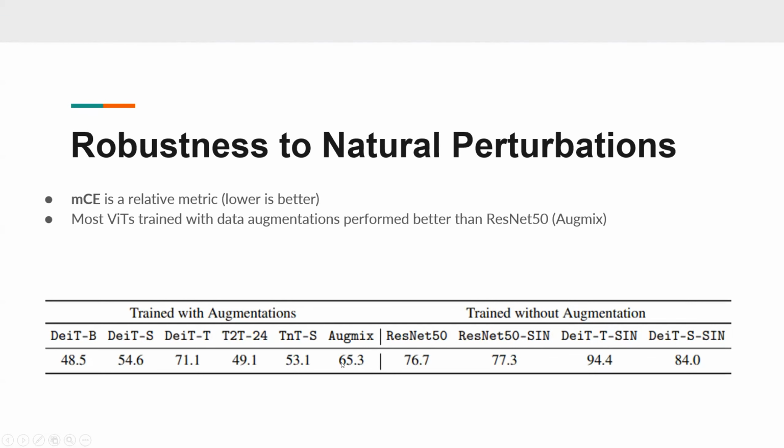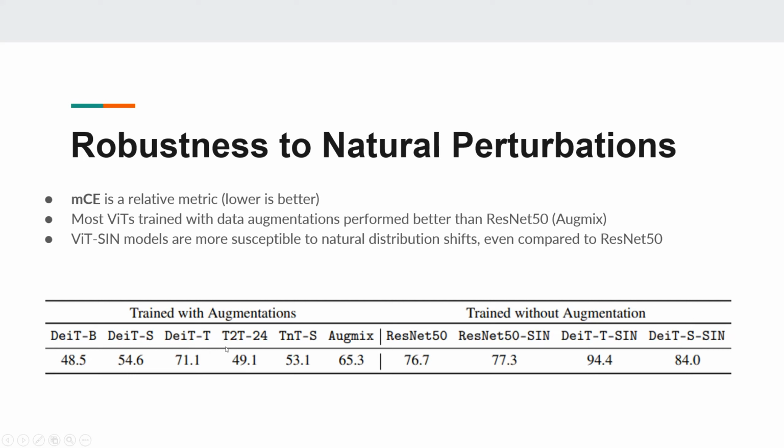So again, 65 for the common ResNet model, with lower scores across most other vision transformer models. In contrast to that, the ViT SIN models were found to be more susceptible to these natural distribution shifts, even compared to a regular CNN ResNet-50.